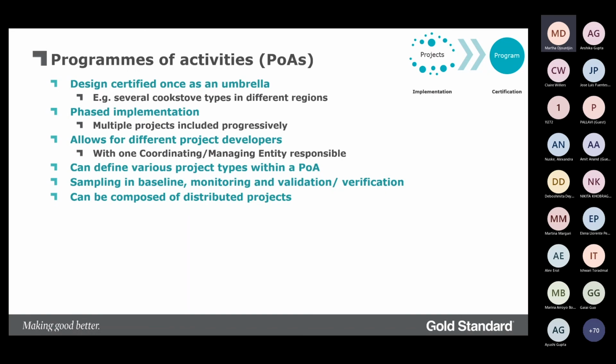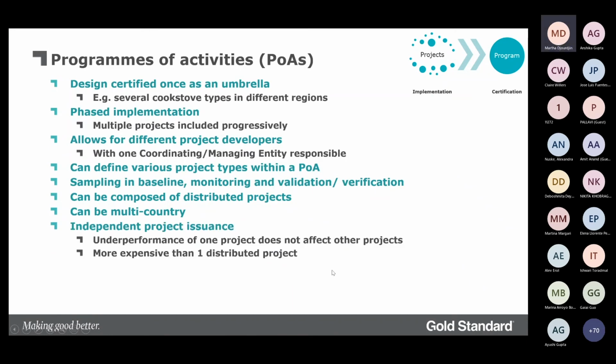So it could be a grouping of groups in a sense. Programs can be multi-country, and there could be independent project issuance. So the underperformance of one project does not necessarily affect other projects. If a project is underperforming, you simply don't need to verify it, or you verify it as 0, but the other projects get whatever they have obtained.